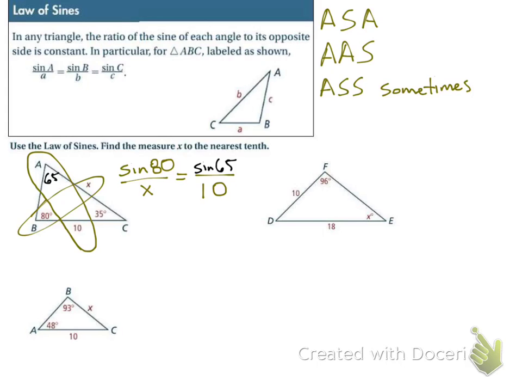Now it's cross product. It's not a nice cross product with whole numbers. It does use sine. It does need the calculator. But I'm going to go 10 times sine 80 equals x times sine 65. Now I'll move over to sine 65, and it's 10 times sine 80 over sine 65 equals x.